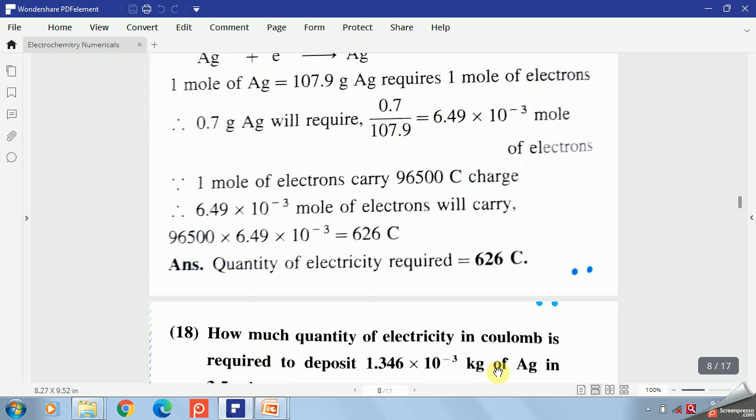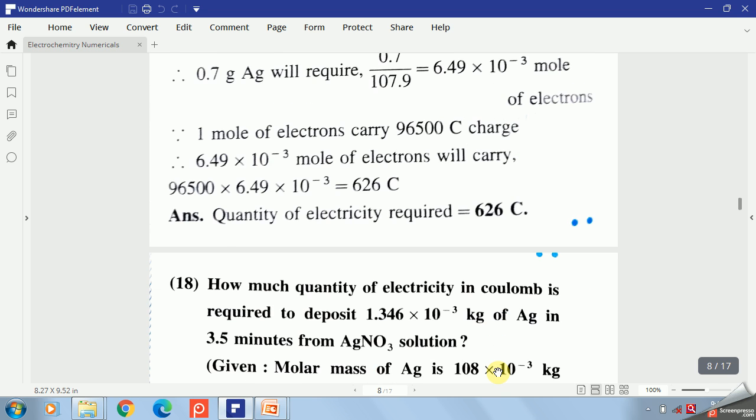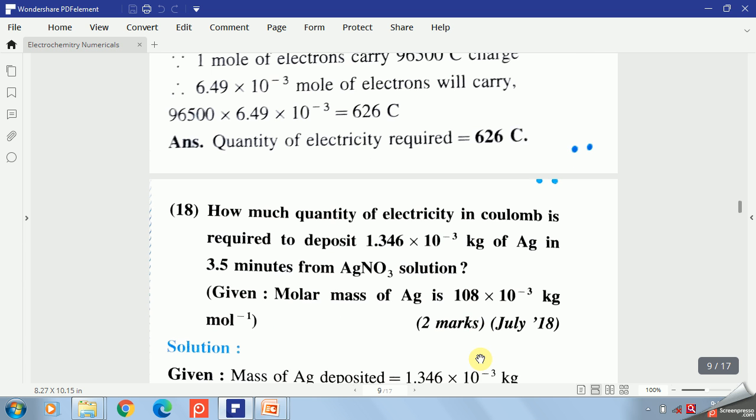Okay. Now the next numerical is, how much quantity of electricity in Coulomb is required to deposit 1.346 into 10 raised to minus 3 kg of silver in 3.5 minutes from AgNO3 solution. Molecular mass of Ag is 108 into 10 raised to minus 3 kg per mole, and this numerical was asked in July 18 for 2 marks.